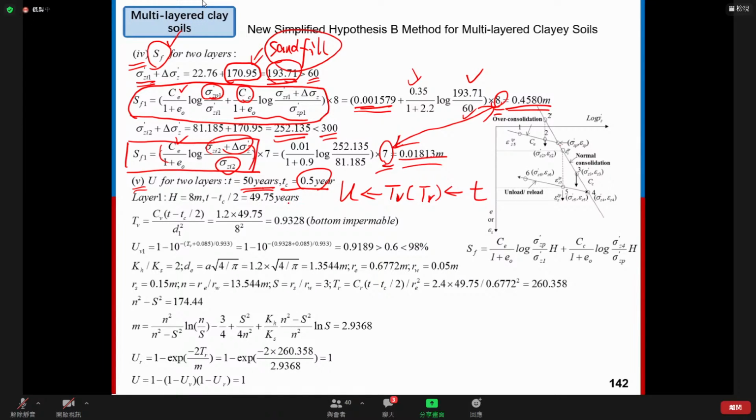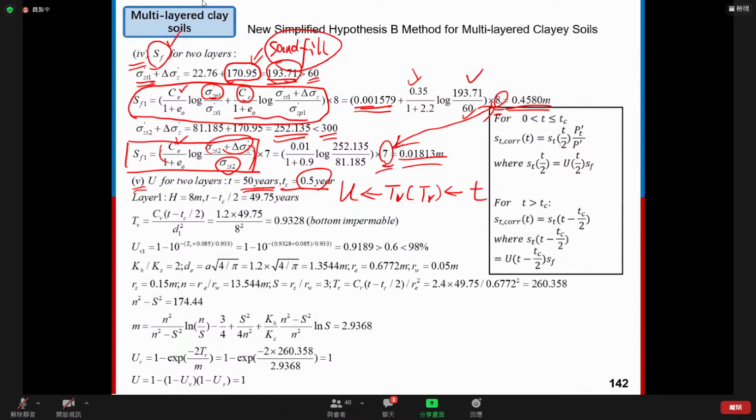construction period. So we just use this equation here we discussed before. When T is larger than the construction time, TC, here obviously larger, we use this one.